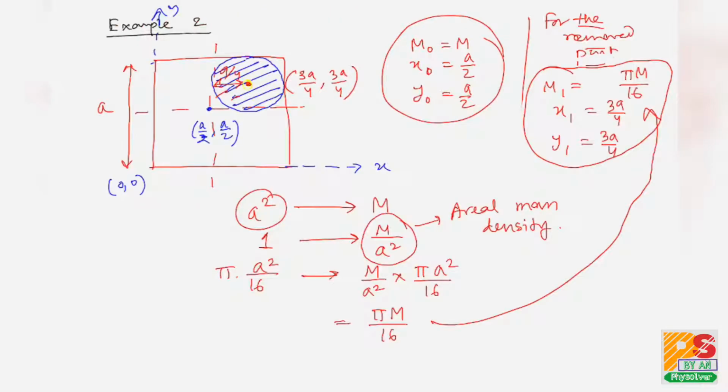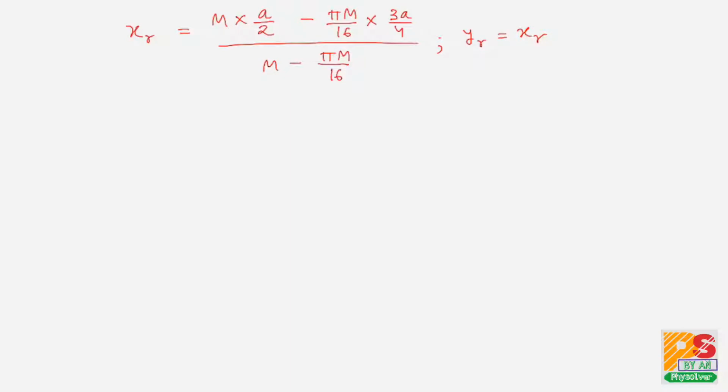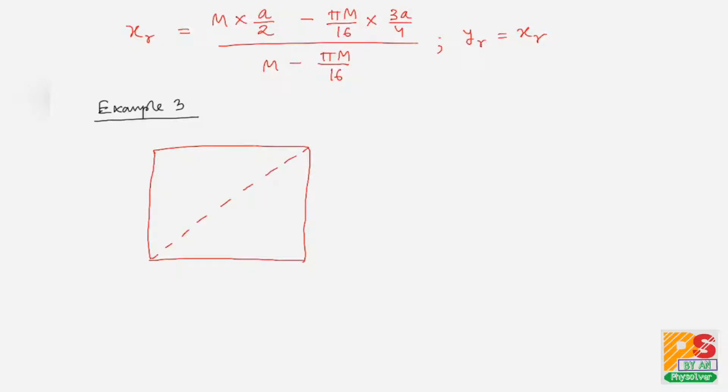Okay, going to the next example. This is example number 3. Here we also have a square lamina, but in this case a triangular portion like this is removed from it.